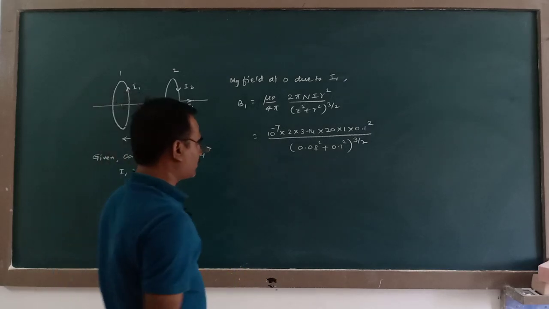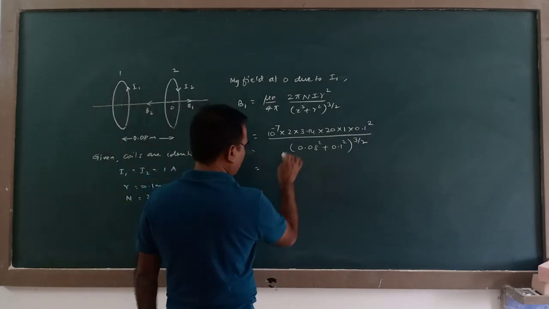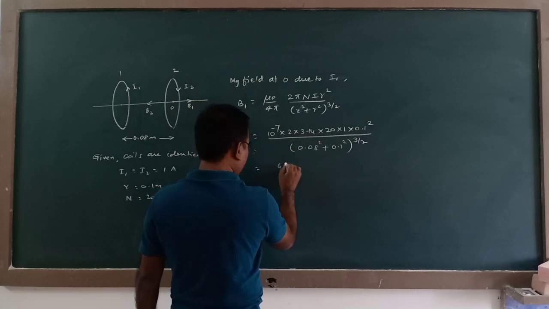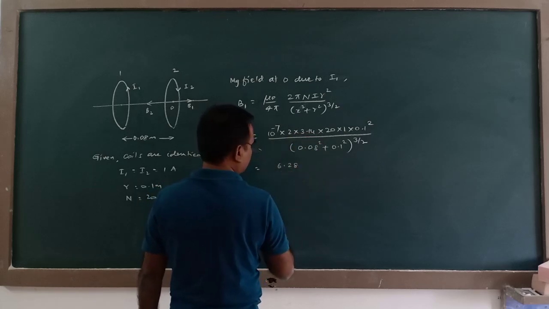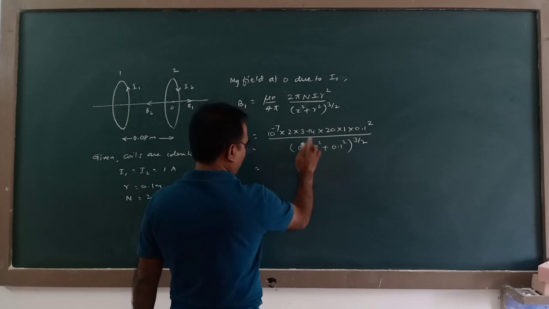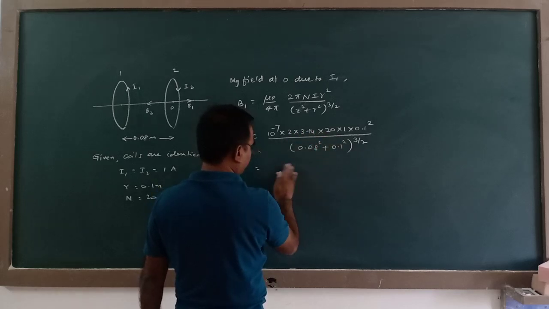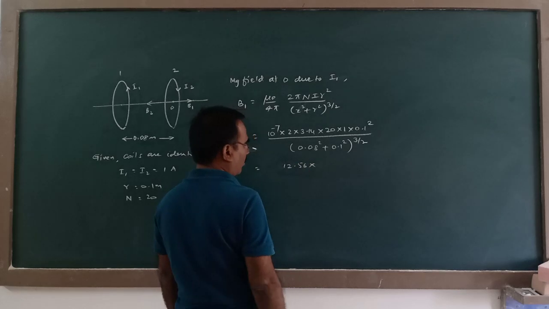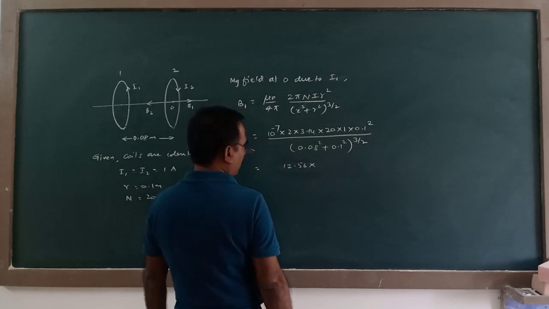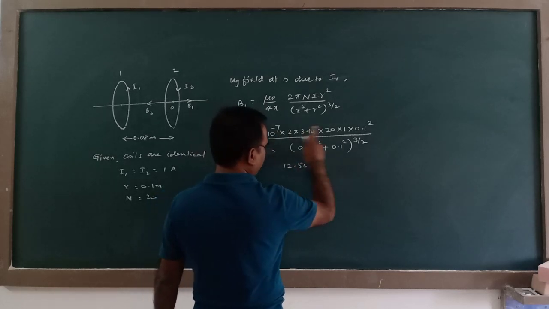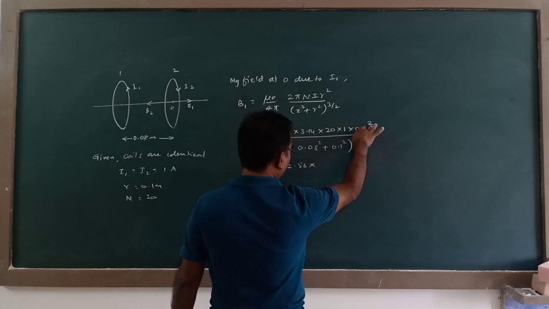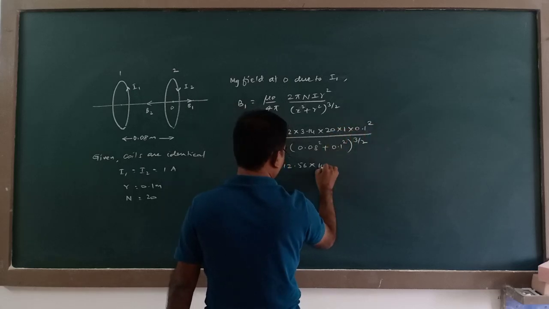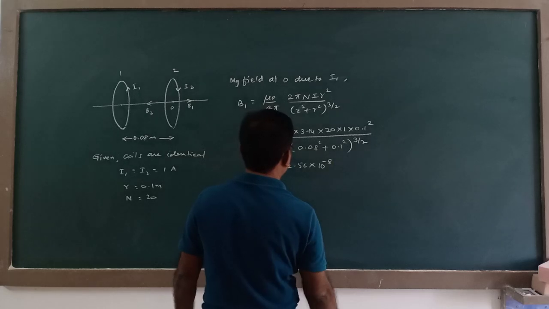Now you simplify this. So in the numerator you will have 6.28, 40 pi, so 10 to the power of minus 7, 10 to the power of minus 9, here plus 1, 10 to the power of minus 8.